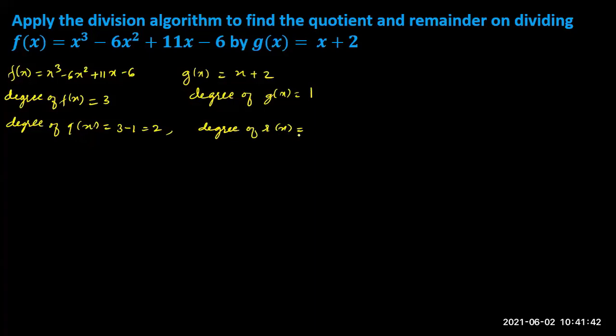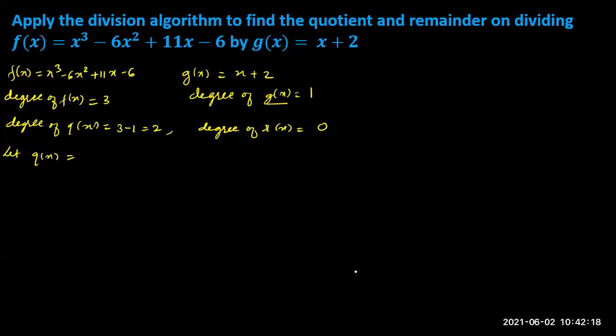The degree of r of x will always be smaller than the degree of g of x. So the degree of g of x is 1 here, then the degree of r of x is 0, correct? Now using the degree of q of x and the degree of r of x, we need to find the quotient and remainder. So let q of x be equal to... If the degree is 2, then which type of polynomial is it?